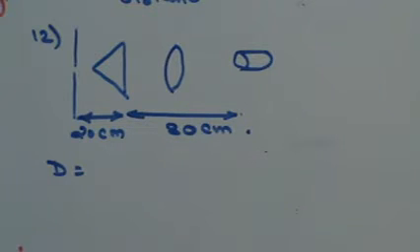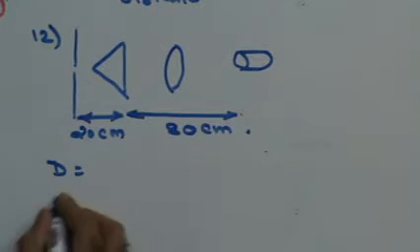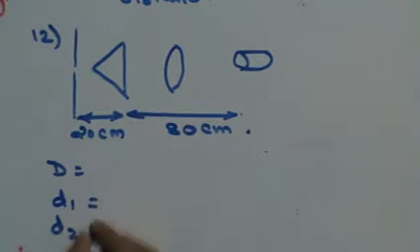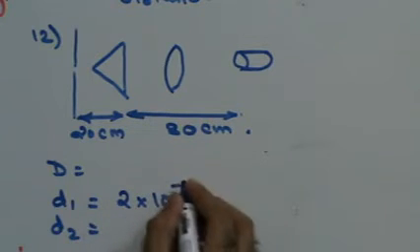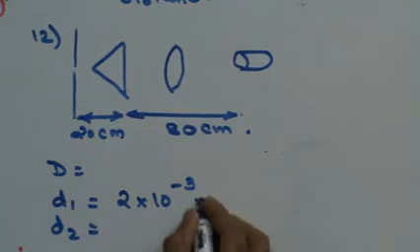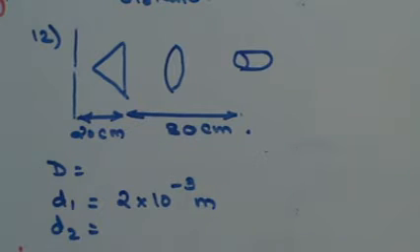The images of the slit obtained in the two positions of the lens are 2 millimeters and 4.5 millimeters apart.